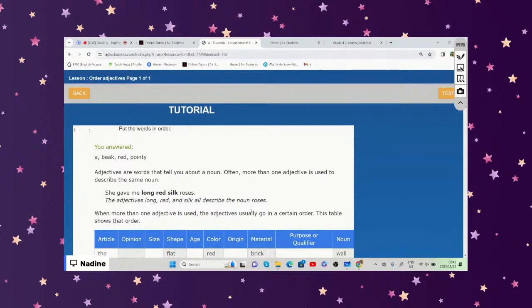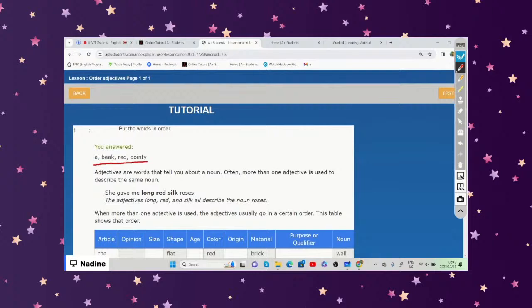All right, so now we need to put these words in order. A, beak, red, pointy. Before we even put those in order, what is the noun within these words? What is the noun?